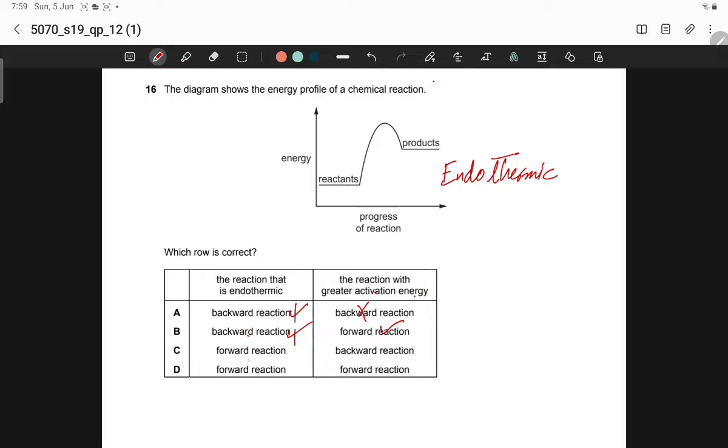The forward reaction is endothermic, and the backward reaction has lesser activation energy because the backward reaction is exothermic. The forward reaction is endothermic and has the greater activation energy.